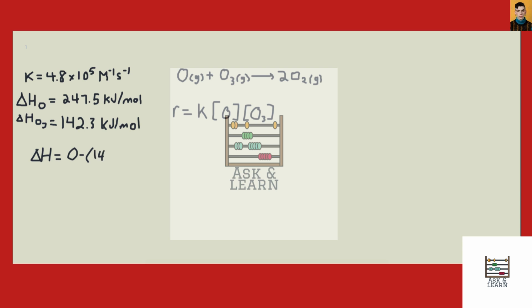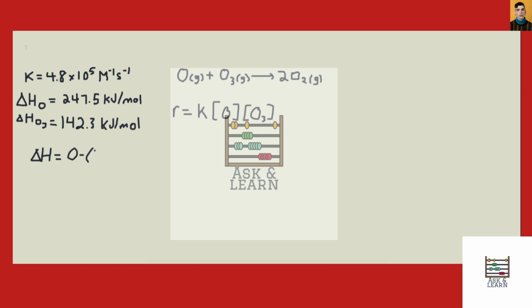For C, use delta H values from Appendix C to estimate the enthalpy change for this reaction. Remember, delta H of O2 is going to be 0 because that's an element in its standard state. Using Hess's law, delta H reaction is equal to delta H products minus delta H reactants.